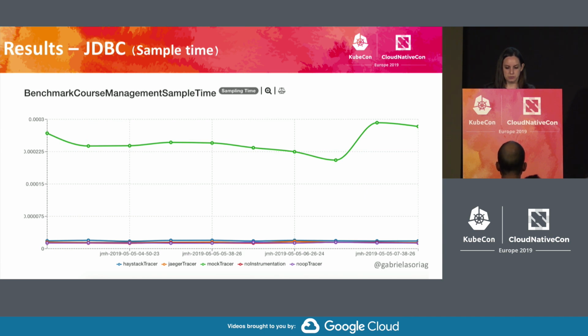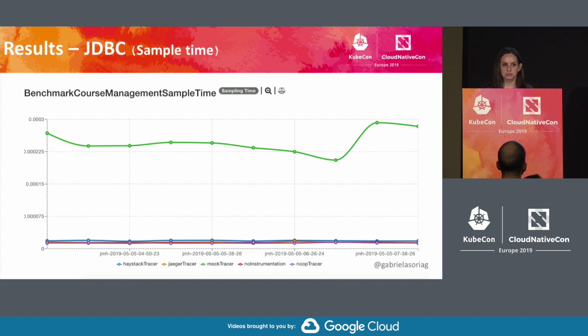So let's move to JDBC. This test uses a simple Boot application containing a basic course management process. The application is initialized in each test iteration, and using profiles, the tracer is injected.